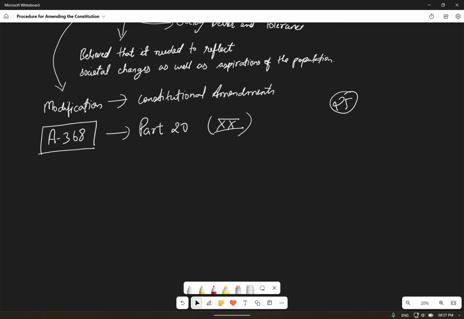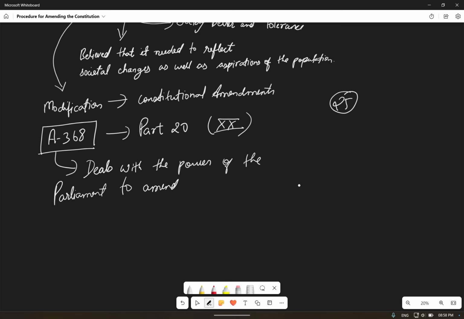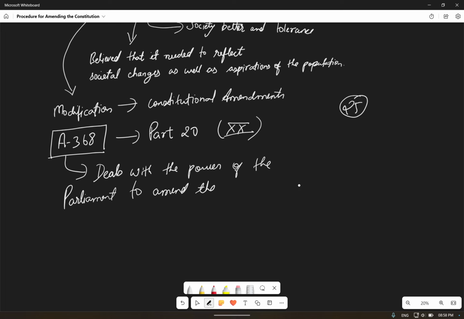This article 368 deals with the power of the parliament to amend the constitution and its procedure.